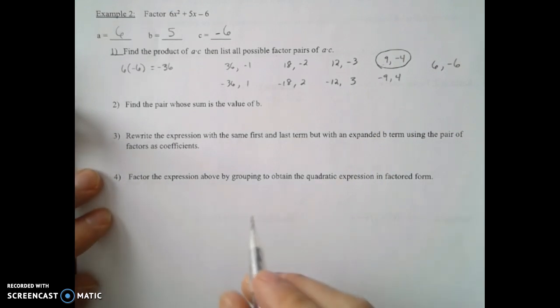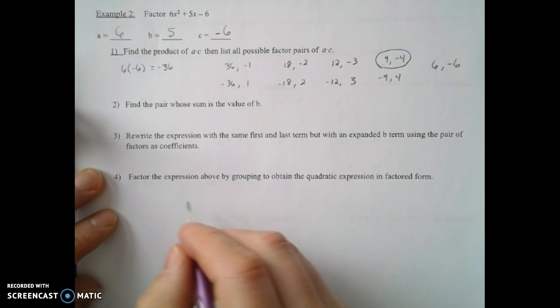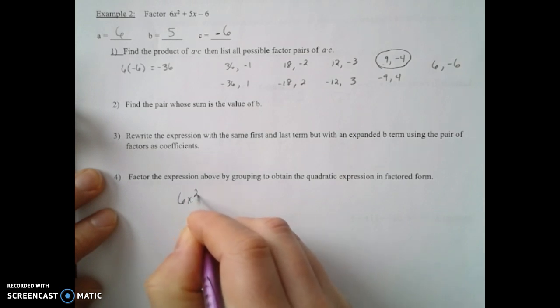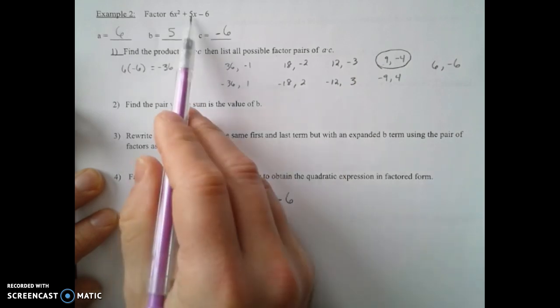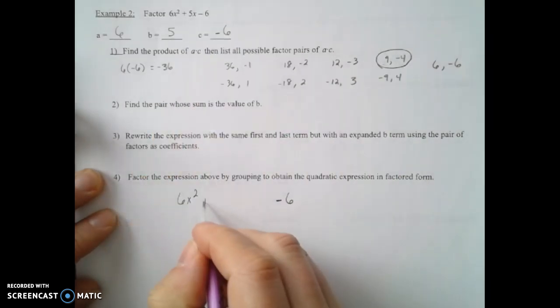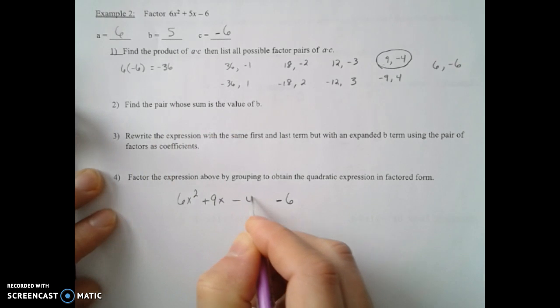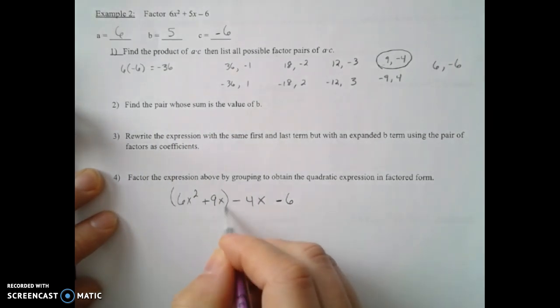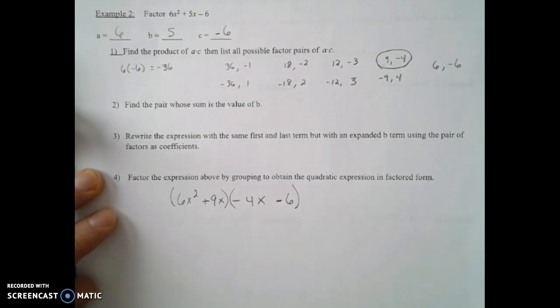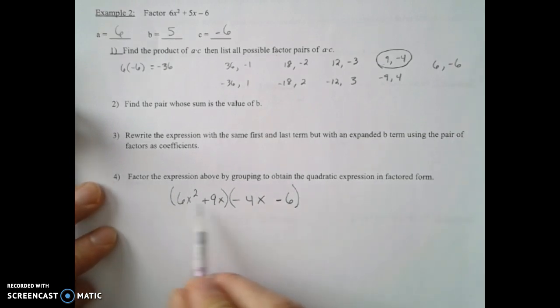Now I'm ready to rewrite my quadratic from above. I'm going to keep 6x squared, and I'm going to keep minus 6 at the end, but instead of plus 5x, I'm going to rewrite that as plus 9x minus 4x. Now I'm going to factor by grouping. I'm going to break it up into two different examples here and factor out their GCF.